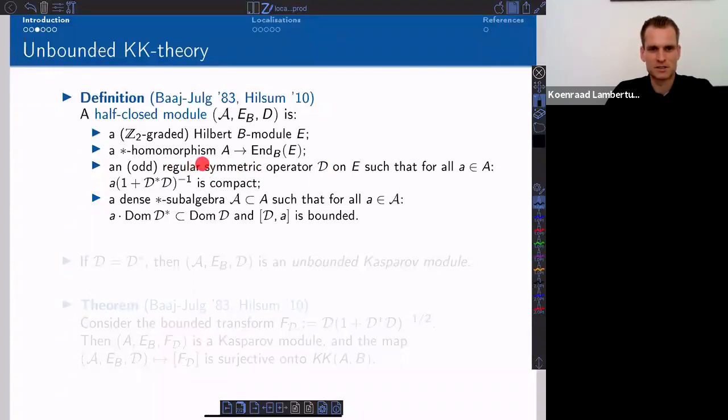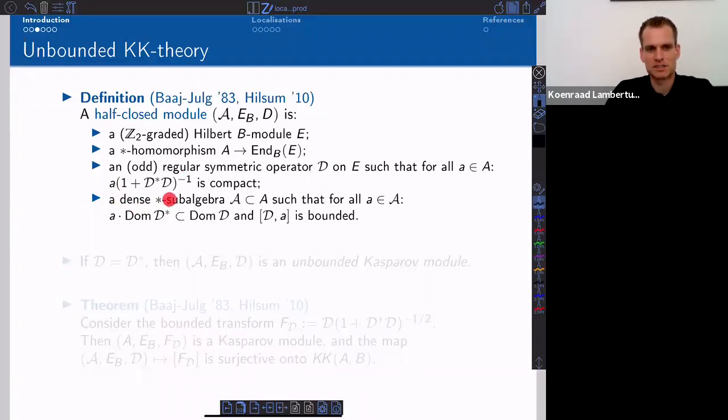The regularity condition is an assumption we need for operators on Hilbert modules. For Hilbert spaces, we could just consider a closed operator, then the regularity is automatic. The first main assumption is that the resolvents are compact, or to be precise, locally compact. So once we multiply by an element in the algebra, it becomes compact.